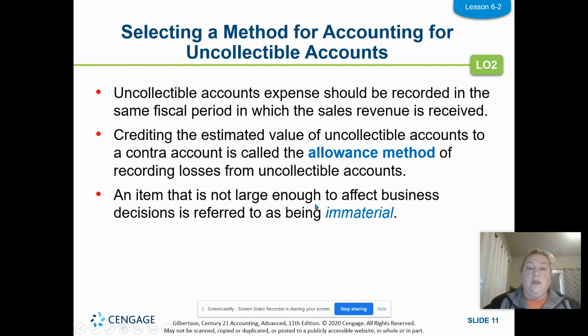It says crediting the estimated value of uncollectible accounts to the contra account is the allowance method. An item that is not large enough to affect business decisions is referred to as being immaterial. So if it's only a purchase of $5 or $100, when we're doing tens of thousands, it might not be material at the time. But think about it this way: a penny, and the next day another penny, and the next day another penny.